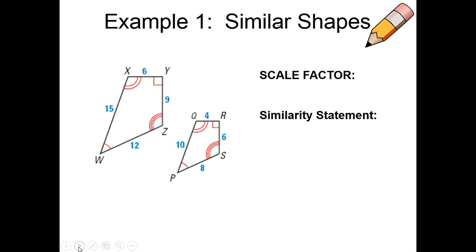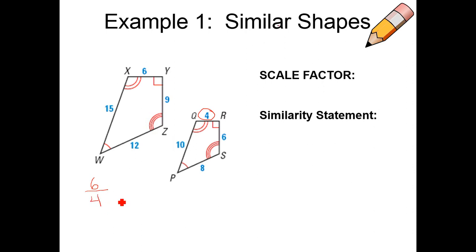So here's example one, the first example you need to get into your notes. Here we have two shapes. They are similar. We can tell because the angles are the same here. If I were to set up the ratio of each of the corresponding sides, in this bigger shape, the 6 side on top would match up with this 4 side over here.